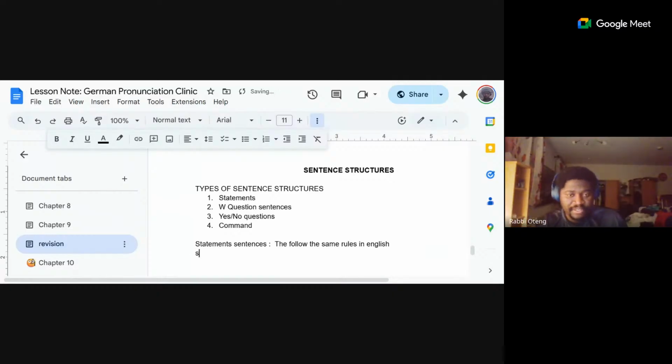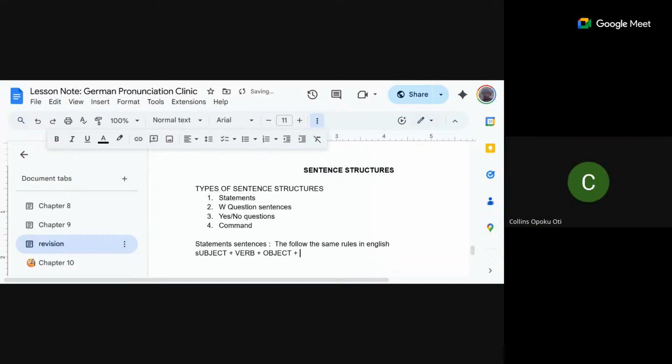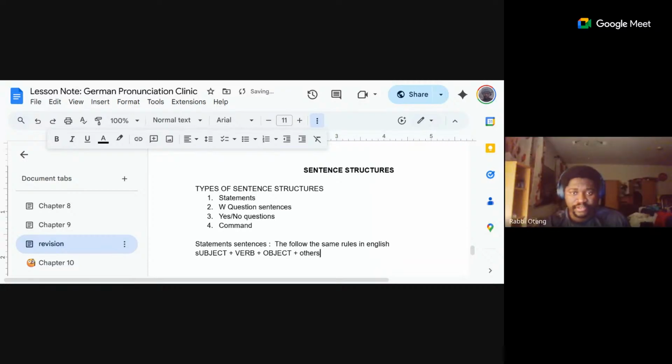In English, you have subject, verb, plus objects, and then others.